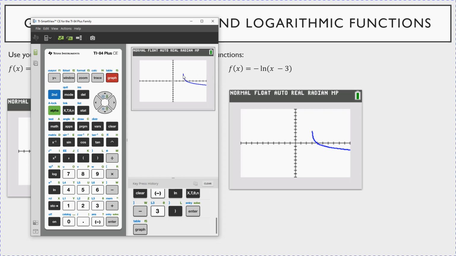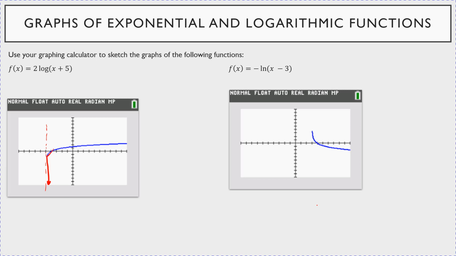It looks like it stops in your calculator right there, but remember, it's really shooting up forever. You're hitting this vertical asymptote, and the graph is really going up like this forever. All right, so just make note of that when you see that in your graphing calculator.